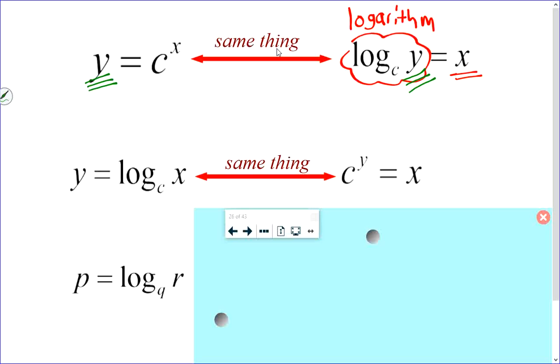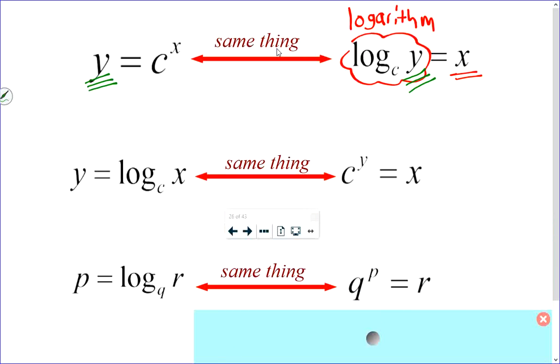If I say p equals log base q of r, that means p is the exponent to which you raise q to get r. It's always going to be, in logarithmic form, the base raised to the other side equals what you're taking the logarithm of. And you need to convert them.